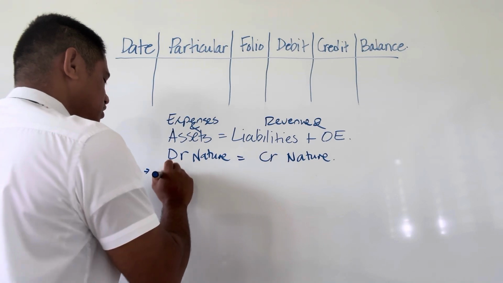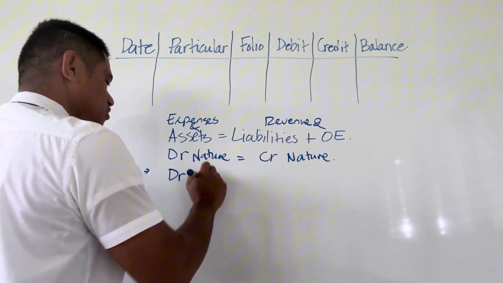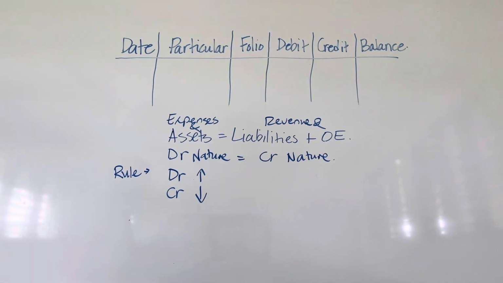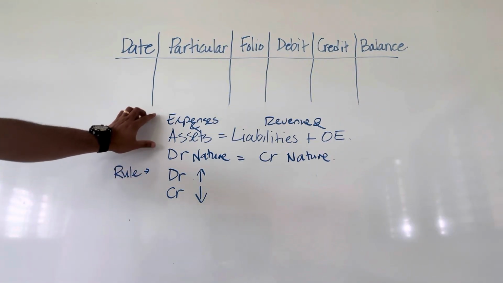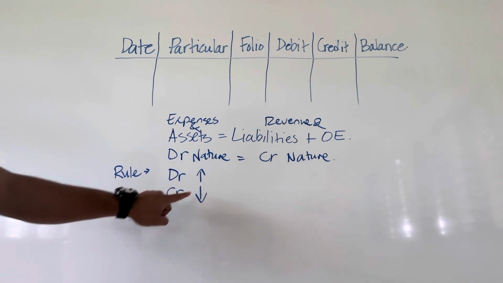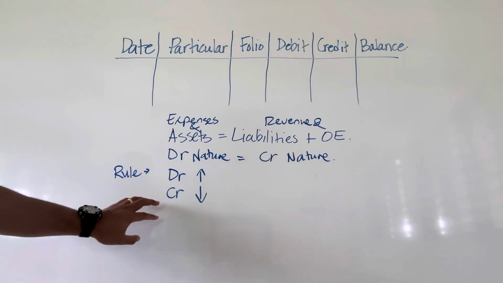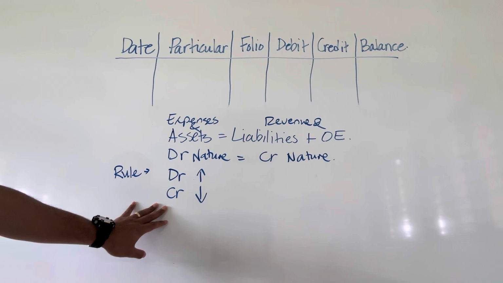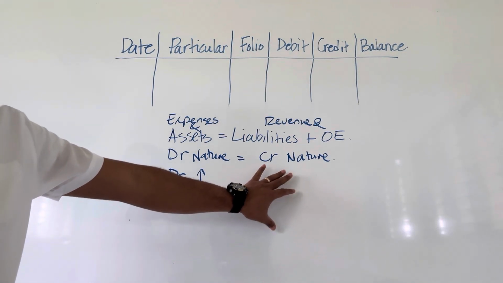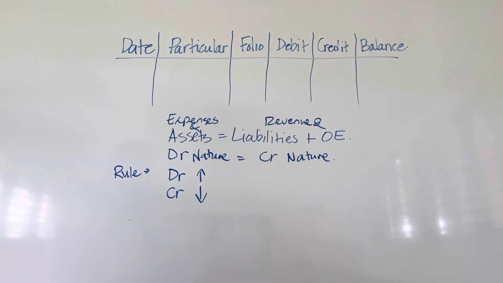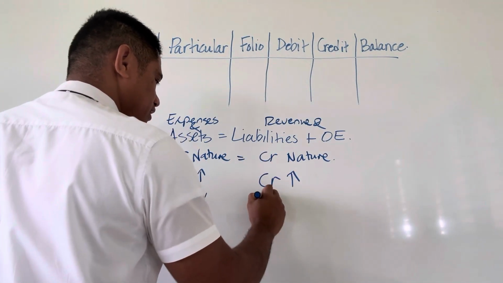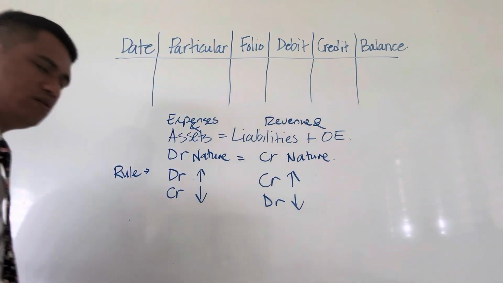So this is a debit to increase and a credit to decrease. If I increase the asset, it's a debit entry. If I decrease the asset, it's a credit entry. This is the opposite for liabilities, owner's equity and revenue accounts. So on this side, it's a credit to increase and a debit to decrease.